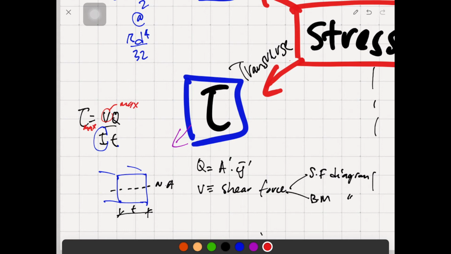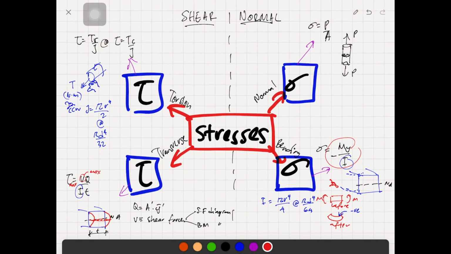For transverse shear, the shape of the stress profile looks parabolic in this kind of volume. The maximum is going to occur along the line of the neutral axis, and the minimum is going to occur at what we call the skins, or the top and the bottom of the prismatic beam.